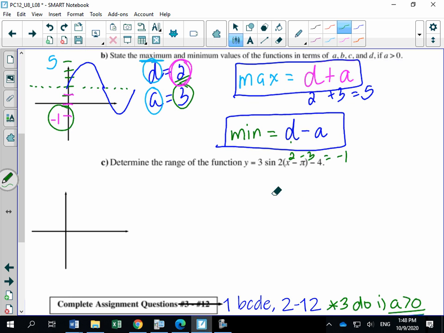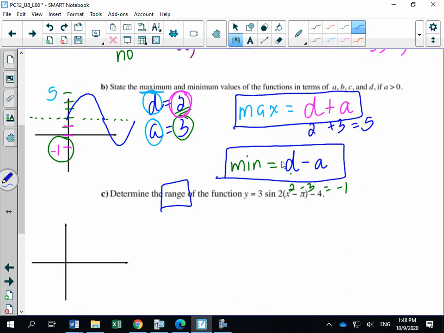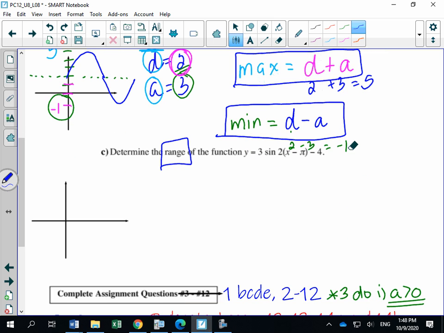This graph here, we're only looking at the range. So what do I need to know? What is range affected by? If we went back up here, range is affected by... All I care about in here is this D value of -4, which is my midline, and my A value, which is 3, which is my amplitude.